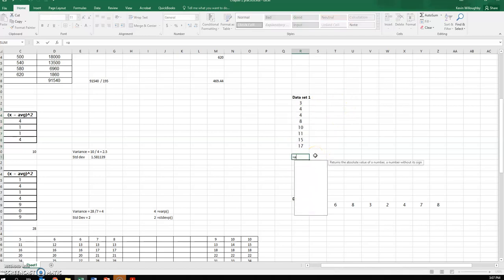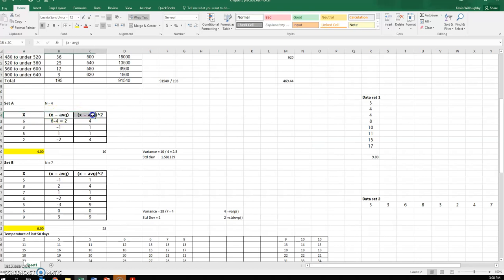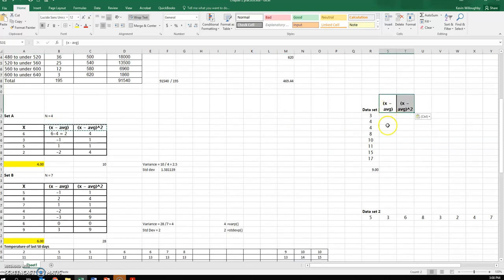So once again, the first step we need to do is calculate the average. The average is equal to 9, and we saw that earlier when we were working on the mean and median. The first column we need, I'm just going to go over here and steal the headings, is X minus the average.